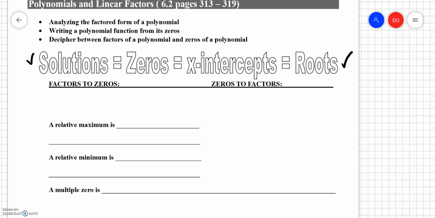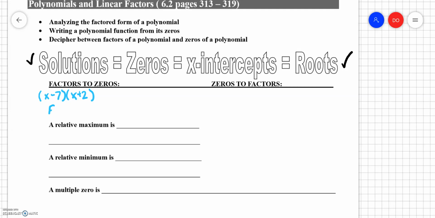So let's explore again when we had factors, when we were using zero product property to solve for quadratic functions. We produced factors that looked something like this. They were binomials and they were linear. And when we used those factors to create zeros, we set both of these factors equal to 0 and we solved for the variables.